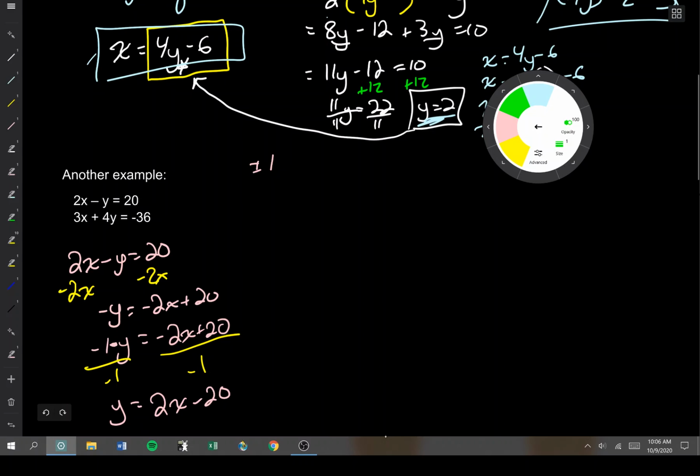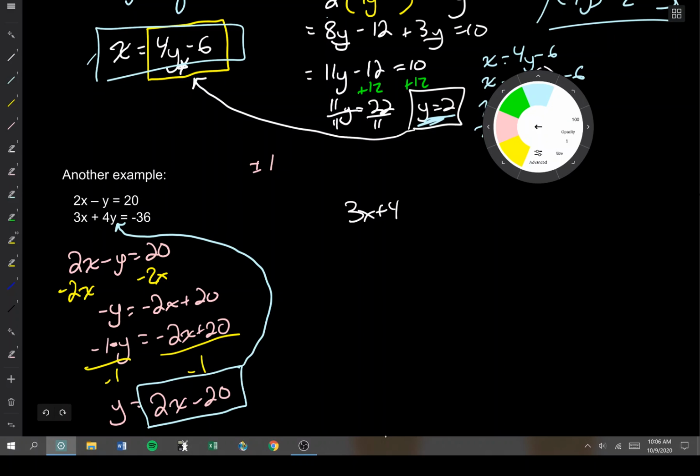So I'm going to take what it's equal to, 2x minus 20, and plug it into the other equation, not the first one, the one that I haven't used yet. So that gives me 3x plus 4 times y, and y is 2x minus 20, which equals negative 36.